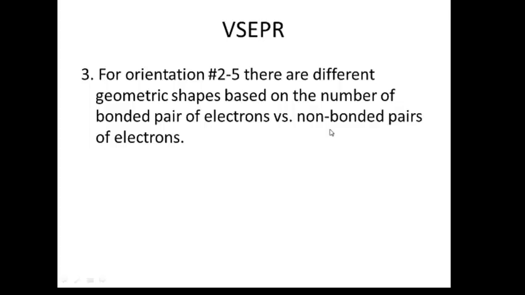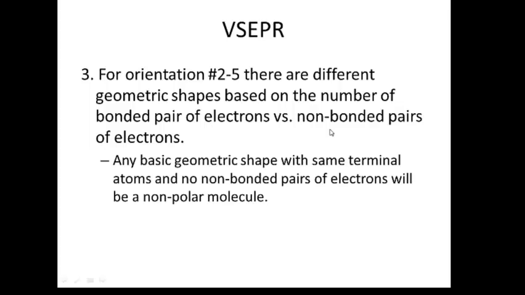The very first one listed in each category is usually a binary. Any basic geometric shape with the same terminal atoms and no non-bonded or lone pairs of electrons will be a non-polar molecule.